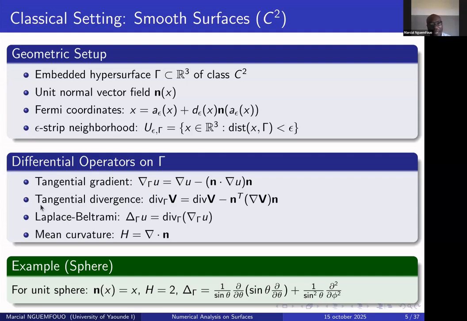After that, they define the tangential divergence like this, and the Laplace operator is defined like a composition of divergence with a gradient of a function u. And the mean curvature is defined like this, h. An example for unit sphere, the normal is given like this, and the mean curvature is 2, and the Laplace is defined like this. This is classical.